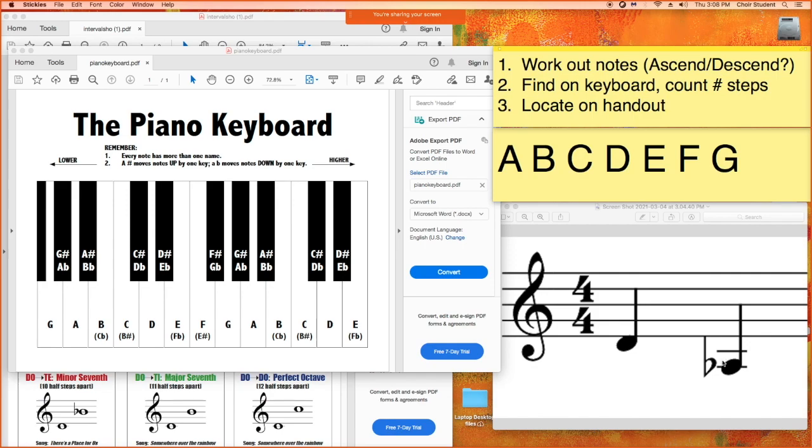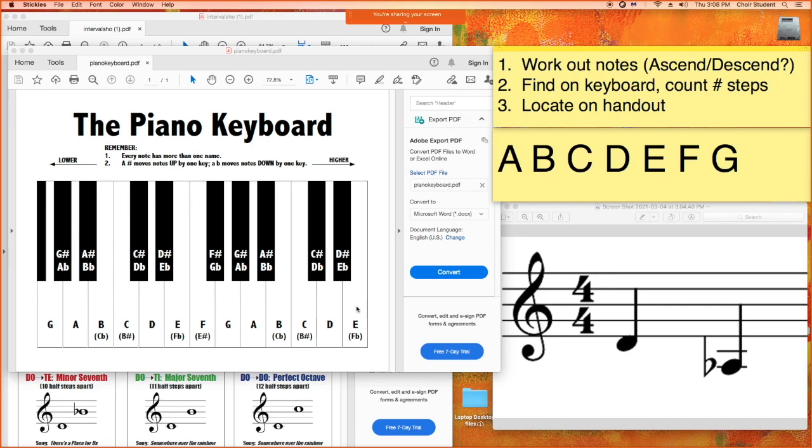So that means that this space would be B. This note is directly on the line. So it is the letter before B, which is A. And then I'm going to remind you, we have a flat here. And if you see it, you must say it. So this is A flat. My 2 notes then, D and A flat.